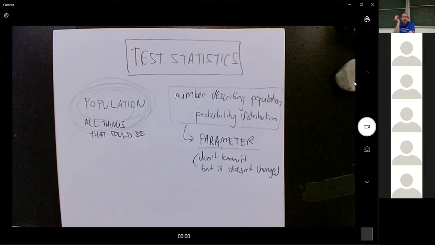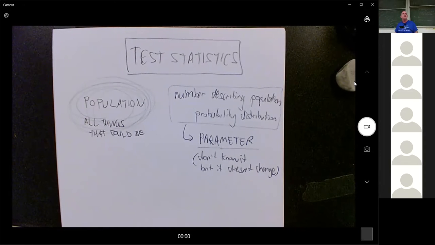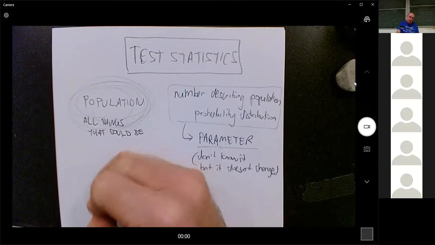Partly because populations are too big, and partly because populations don't exist yet. So to a statistician, the purpose of statistics is to figure out what parameters are and to answer questions about the parameters.